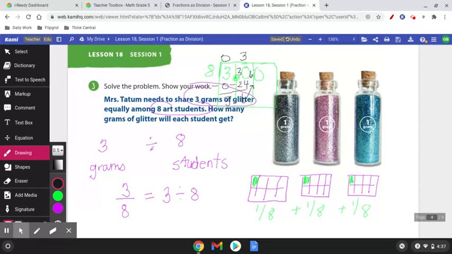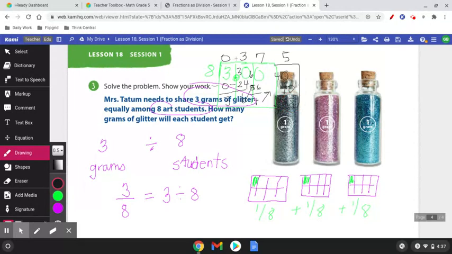And then 8 fits into 60 7 times, which is 56. And I have 4 left. I could keep going. If I added an extra 0 here and kept going, I would bring my 4 up. 8 fits into 40 5 times.